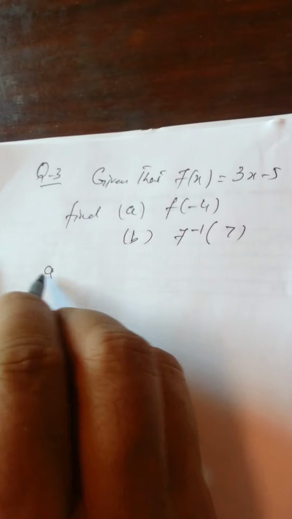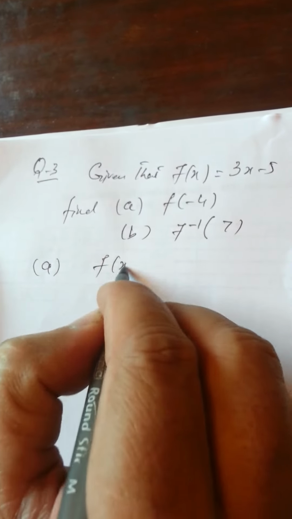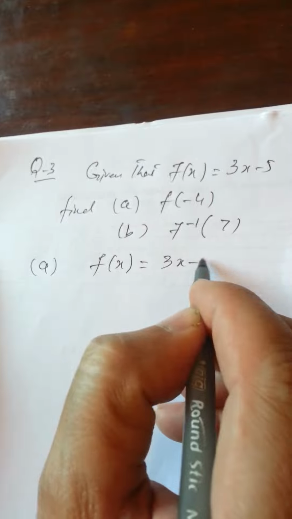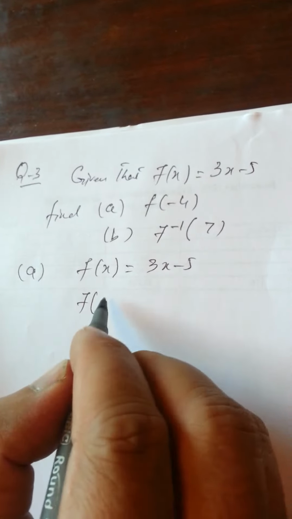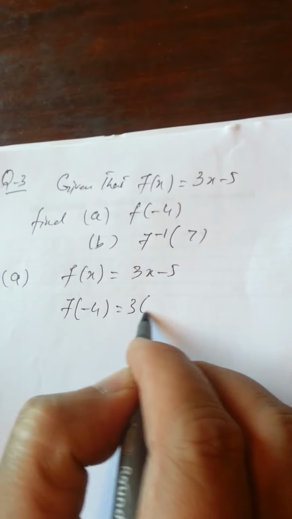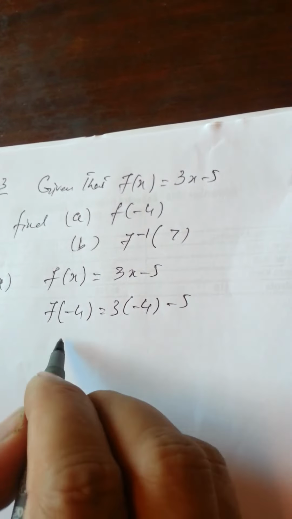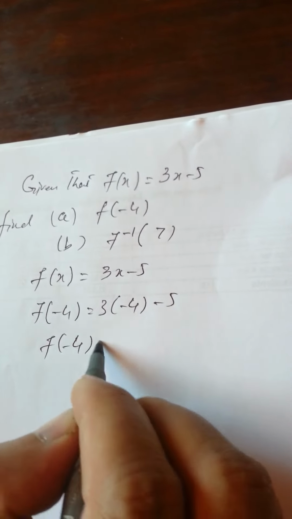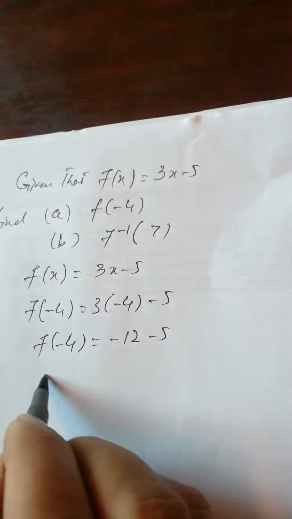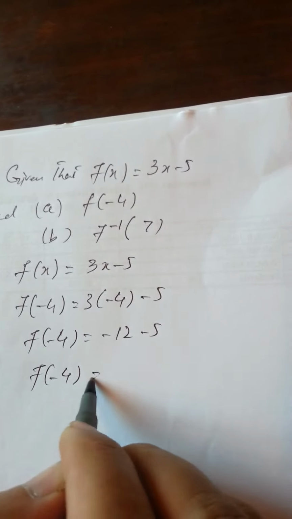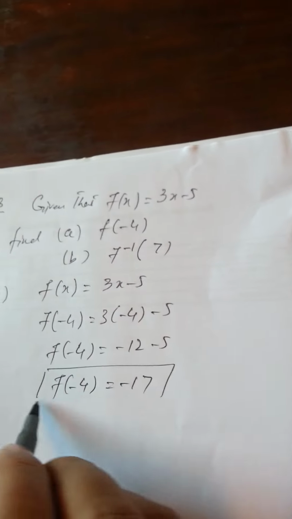First of all, for part A, pick the given function which is like this. Now replace x with minus 4. 3 into minus 4 minus 5. F of minus 4 is minus 12 minus 5. F of minus 4 is equal to minus 17.